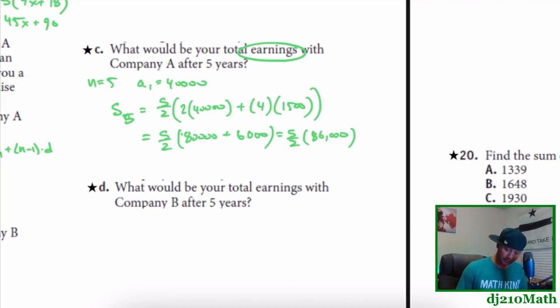All right, half of 86 is 43. So 43,000 times 5. Because that's what it would be, 5 halves, divided by 2 times 5. 86 divided by 2 is 43. And now 43 times 5. 3 times 5 is 15. Carry the 1. 5 times 4 is 20. So 21, 3 zeros.